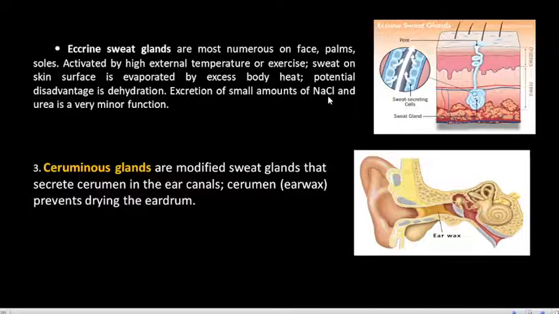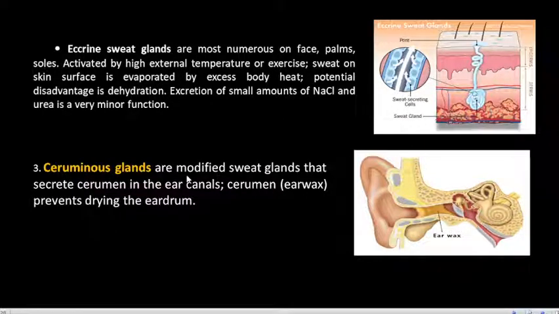Excretion of small amounts of NaCl or your salt and urea is a very minor function. So, ito na yung normal sweat, the sweat that is coming out from your skin when you do extreme exercise or activities. Okay?